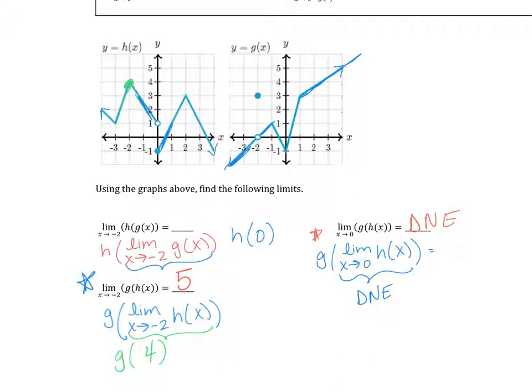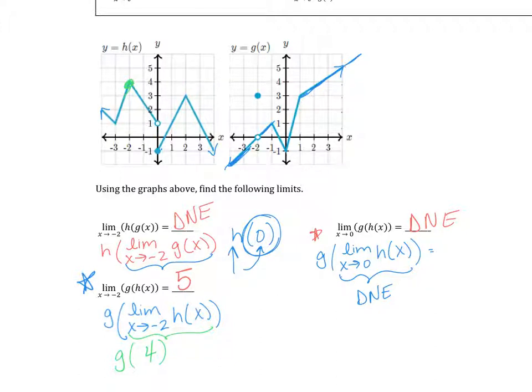This is one of the most missed problems because you go, oh, sweet, if I look at h, there's a closed dot at 0. But remember what we starred back in that box. The outer function has to be continuous at this value in order for that property to hold. And so if it's not, you put does not exist.